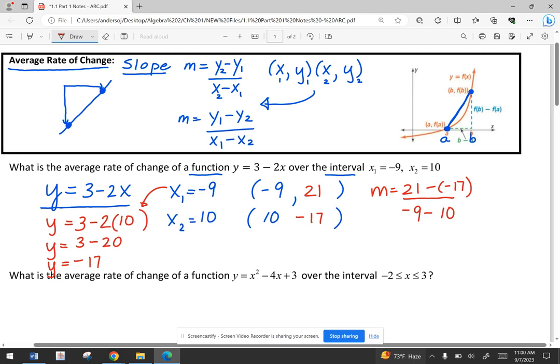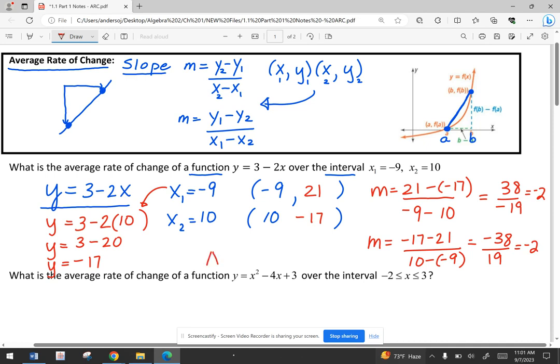If you wrote that, or maybe you wrote it the opposite way, maybe you wrote -17 minus 21, or 10 minus -9, what you're going to see is that either way, here we're going to get 38 over -19, which gives me -2. And also here, you're going to get -38 over a +19, which is going to give you -2.